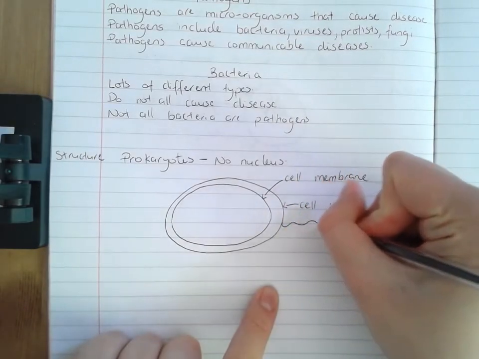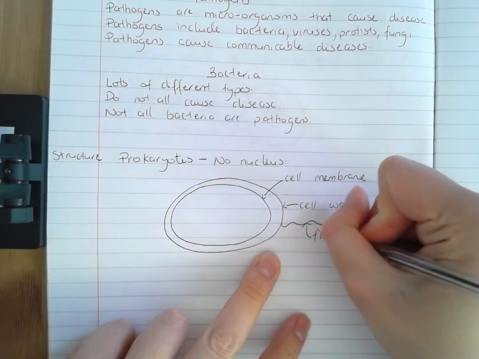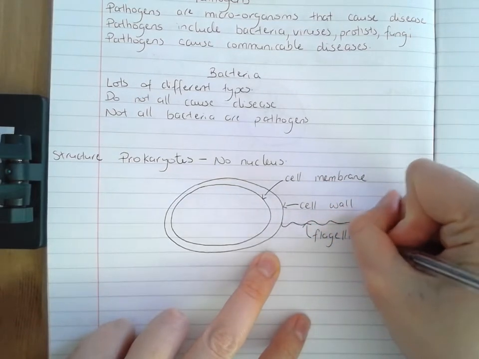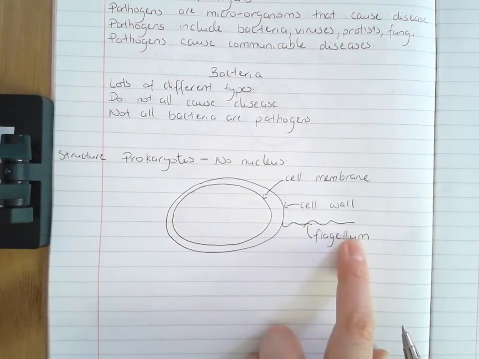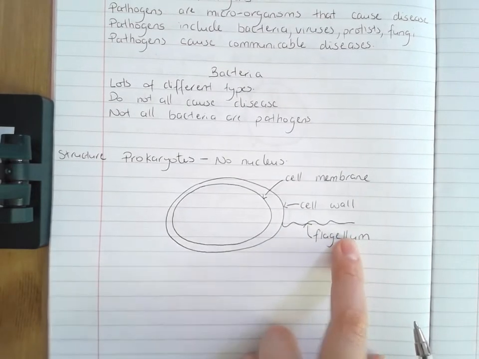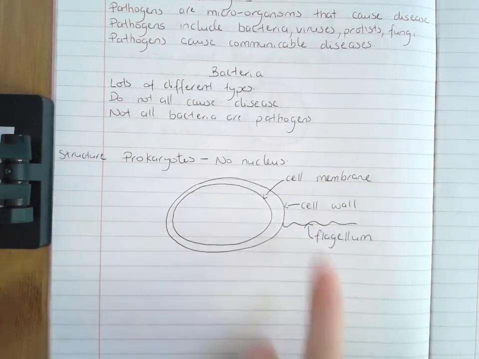Bacteria can also have a little tail-like structure called a flagellum, which helps the bacteria to move. Not all bacteria have a flagellum. Only some will have them, but they all have a cell wall and a cell membrane.